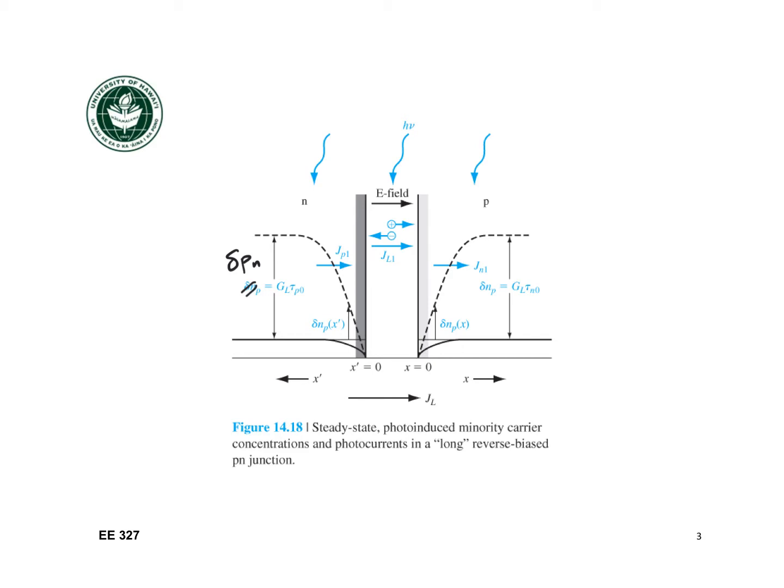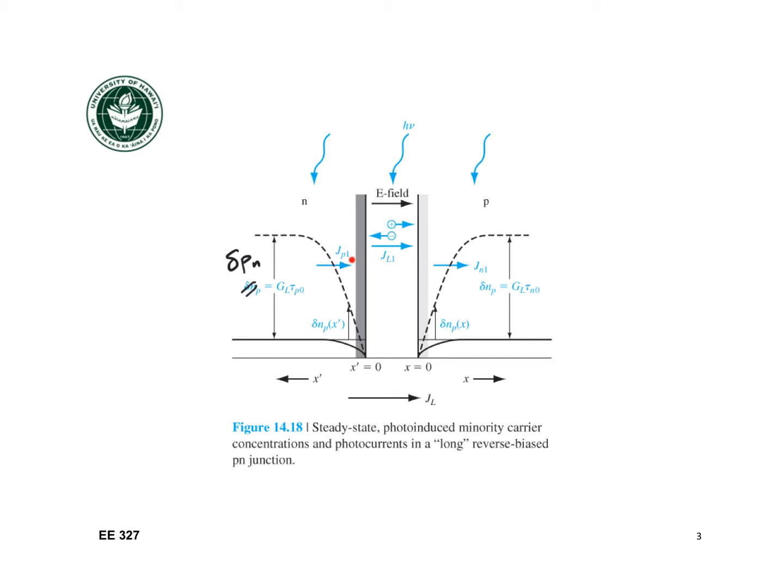Anyway, you can see that there's a higher concentration of these excess charge carriers away from the depletion region. It decreases as you get closer to the edge of the depletion region. So this gradient will result in diffusion of these excess minority carrier holes from the n side towards the p side of the junction.